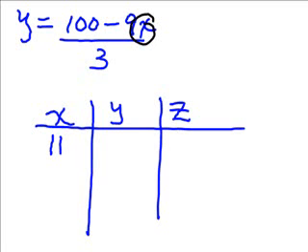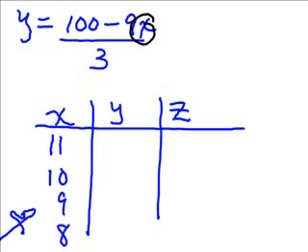So now we're going to check 11, 10, 9, 8, and so forth until we see if we can find a solution. Feel free to use your calculators. If I plug 11 into this equation, I get 100 minus 99, that's a 1. 1 over 3 is 1/3, and that's not a good solution because it's not an integer.